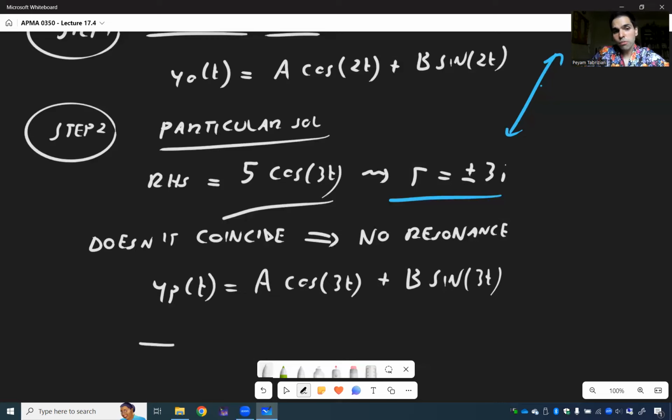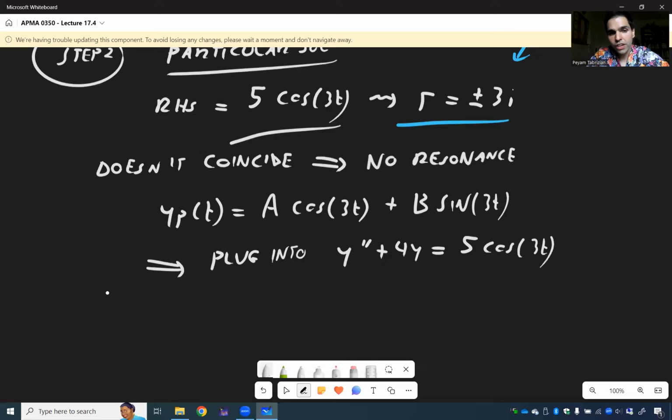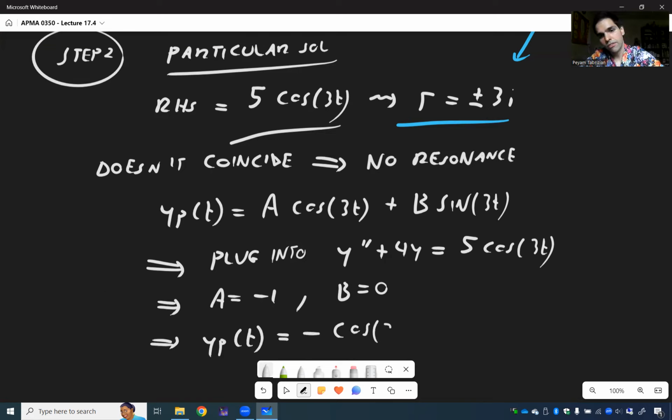And then if you plug into y double prime plus 4y equals 5 cosine of 3t, and you can check that in the notes, you will eventually find that a is minus 1 and b is 0, which gives you the particular solution minus cosine of 3t.